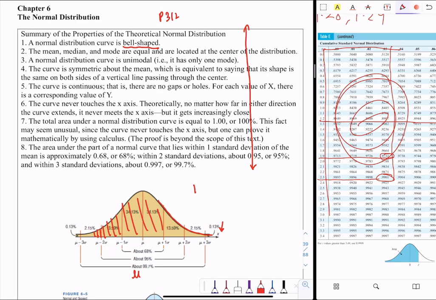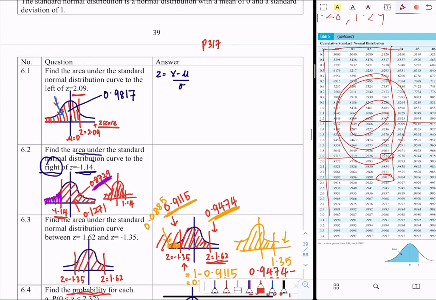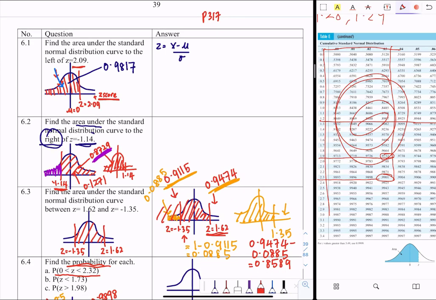For the population, the overall study of population, we can change the data set, the specific mean to 0 to fit with the normal distribution curve. Kita nak fitkan dia dalam normal distribution curve. Jadi bila kita tukar dia tu nanti, kita boleh dapatkan area dia.